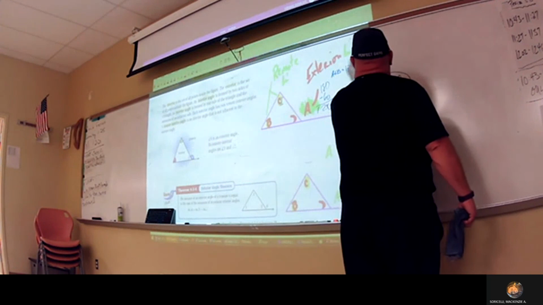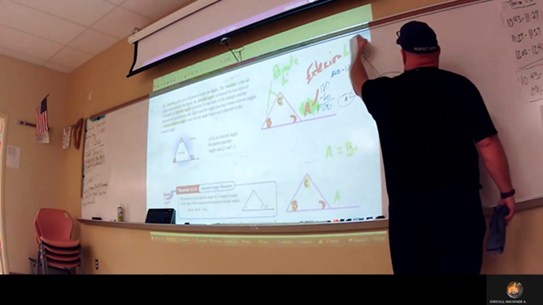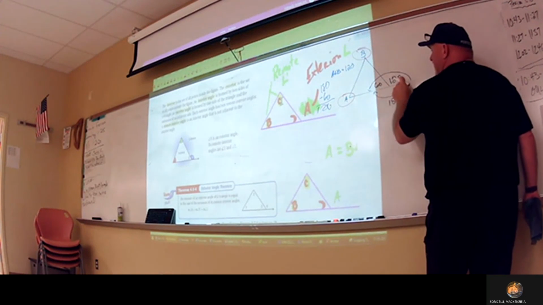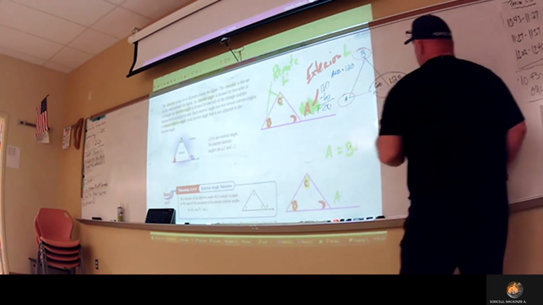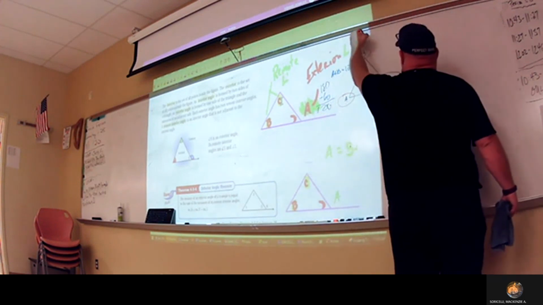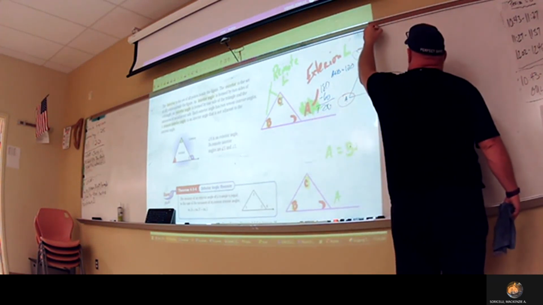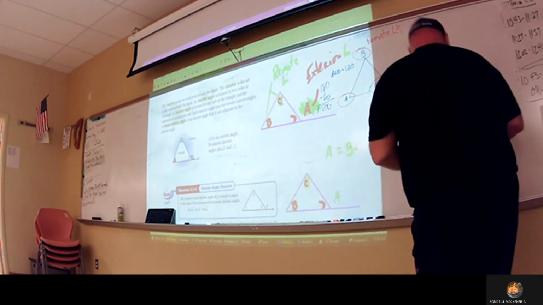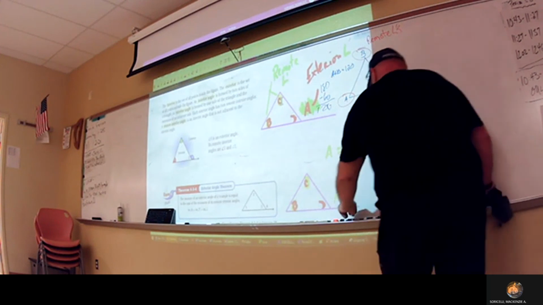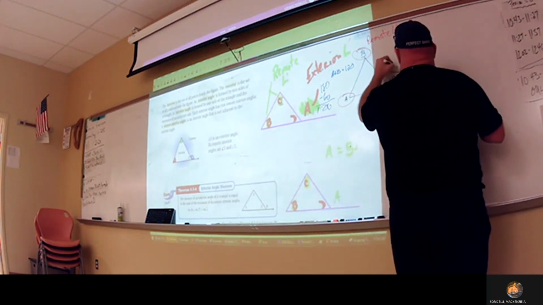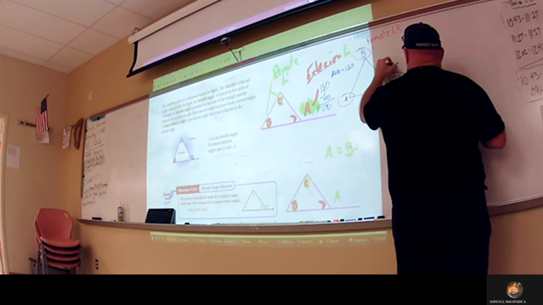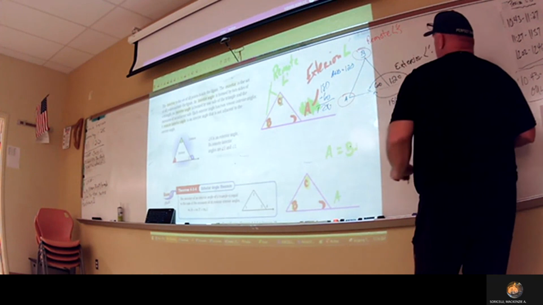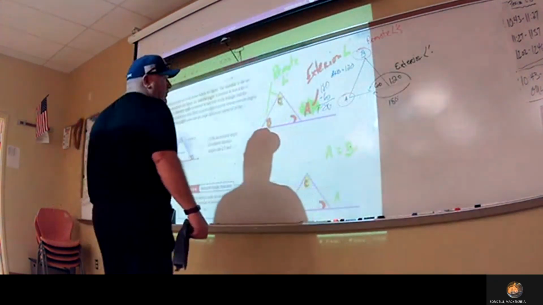These angles in red are what we call our remote angles, because they're away from the exterior angle. And this one right here, I'll put in black, is the exterior angle.